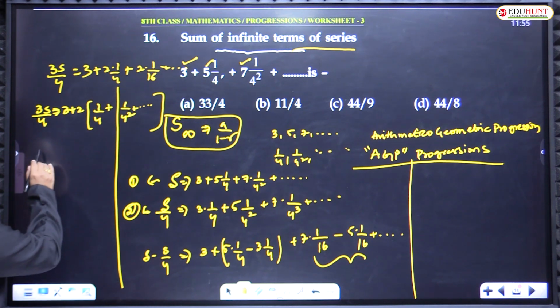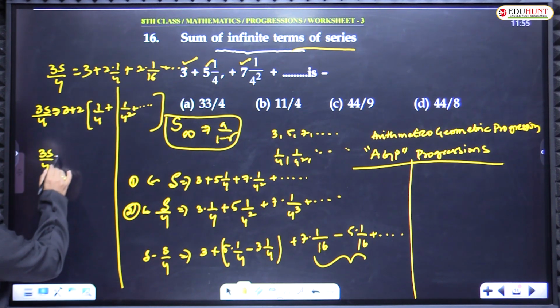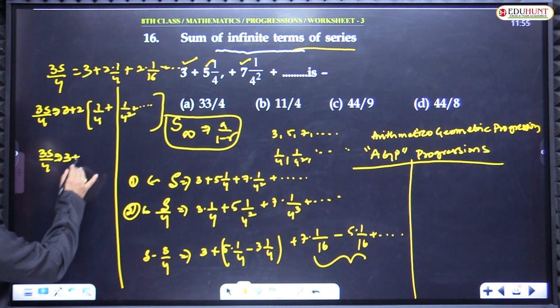So 3S by 4 is equal to 3 plus 2 times the series.